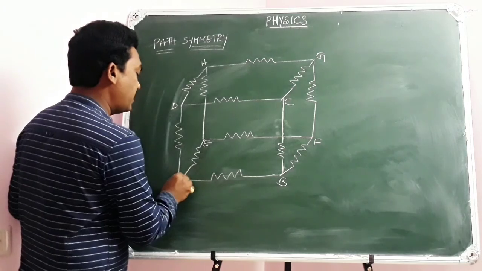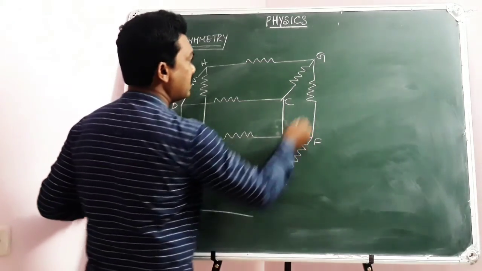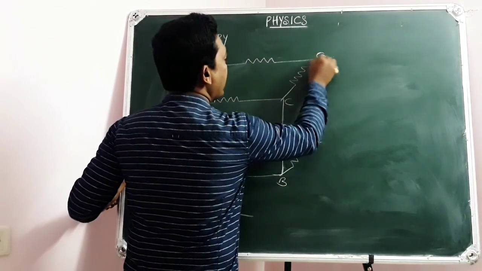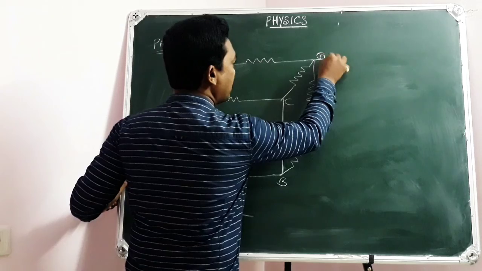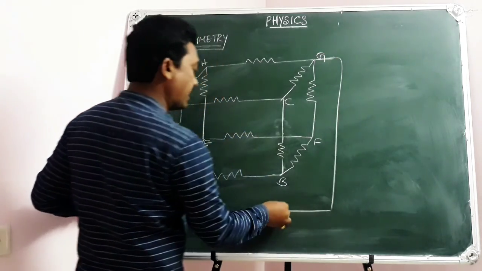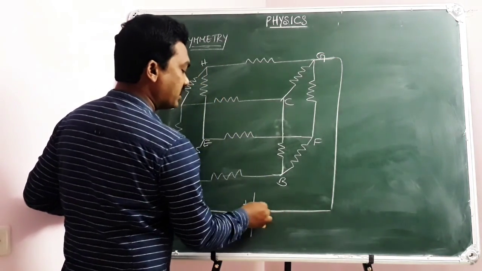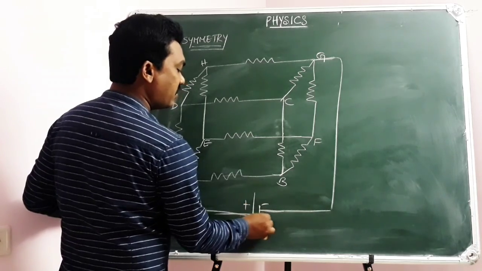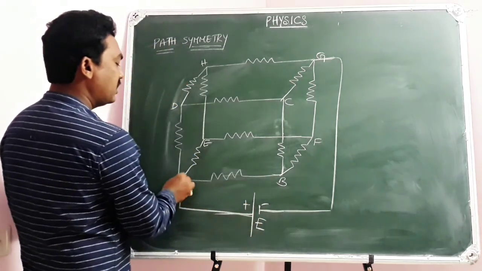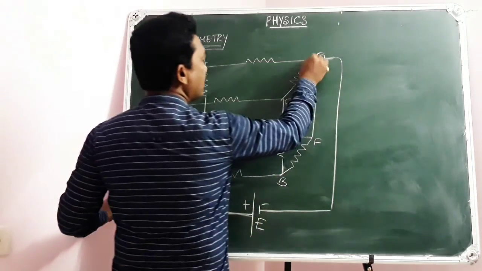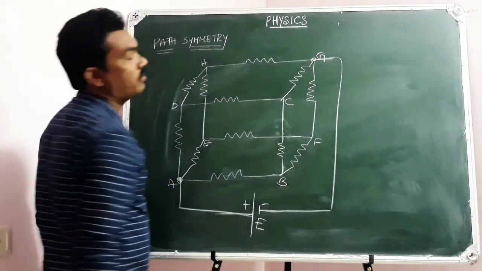So let me calculate the equivalent resistance across a body diagonal, that is, the equivalent resistance across AG is my question here. I suppose a battery of EMF E is connected across A and G, which is a body diagonal.